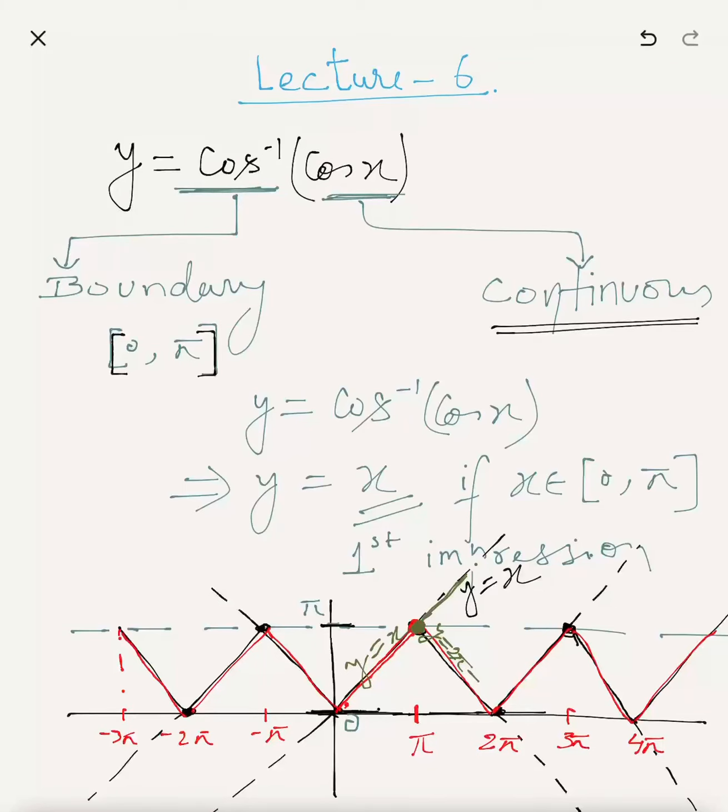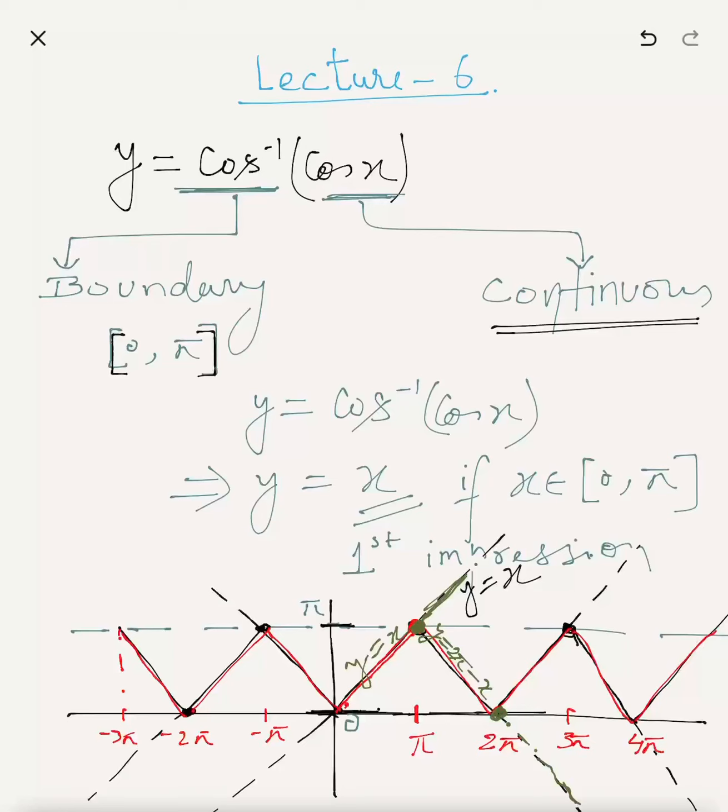What is your graph here? It is y equals x. So your graph is x. Again, this line which is going out of the boundary will have the equation y equals 2 pi minus x. Now again it is folded at which boundary? Say this is your boundary, 0.